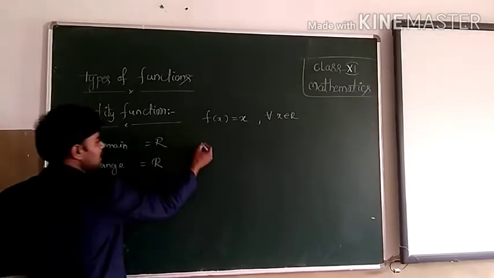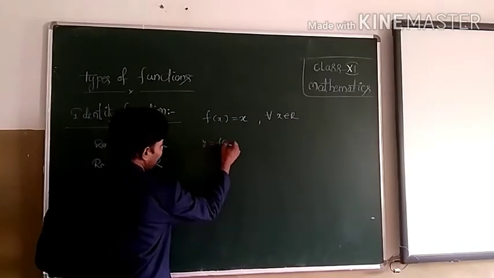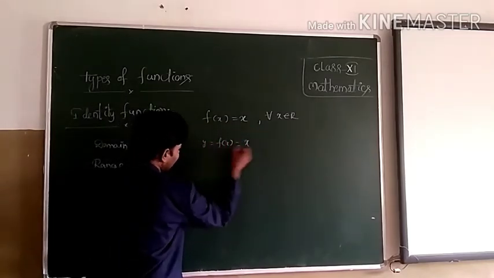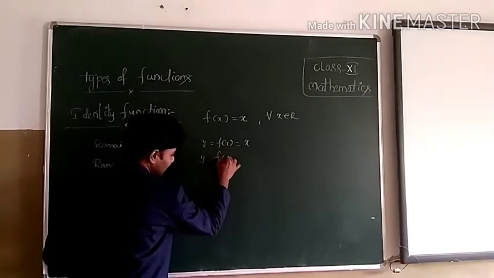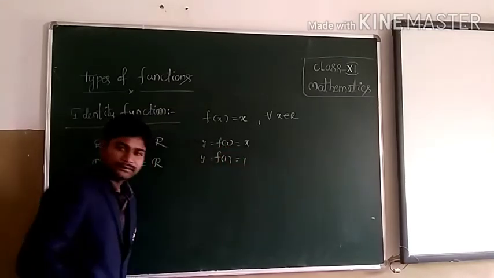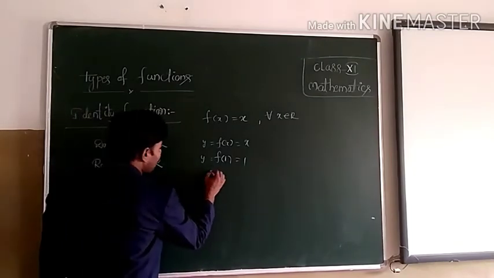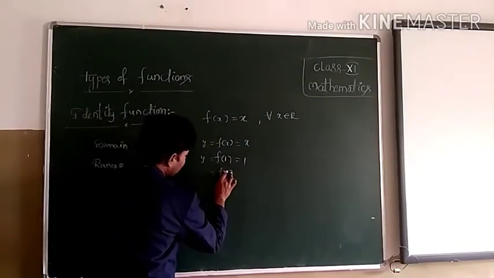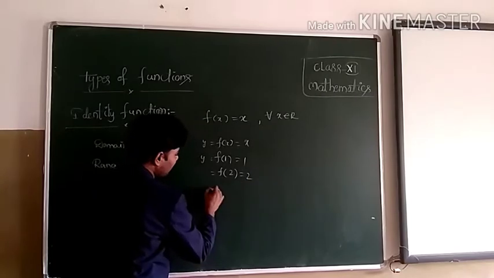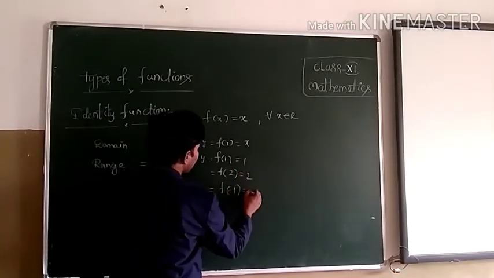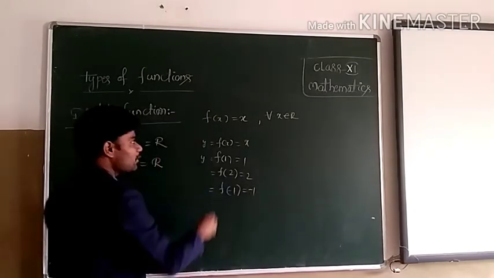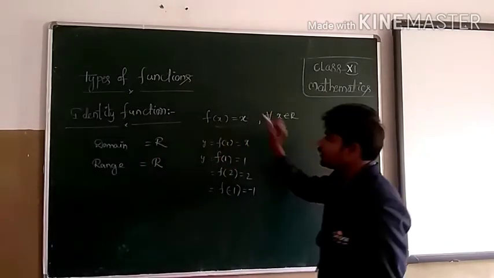Suppose y equals f of x equals x. If I give f of 1, in place of x I give 1 and I get 1 only, right? If I give f of 2, 2 will come. If I give minus 1, minus 1 only will come because f of x equals x.